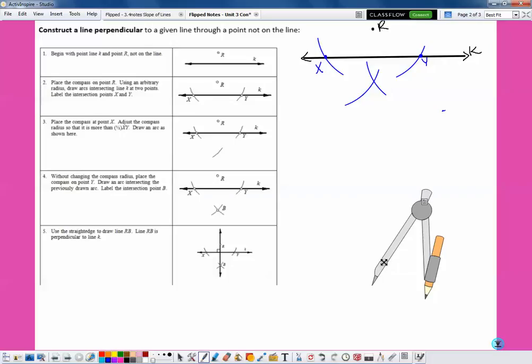Now, my last step is to connect. I'm going to make this point B, connect point R to point B. And I should have a perpendicular line.